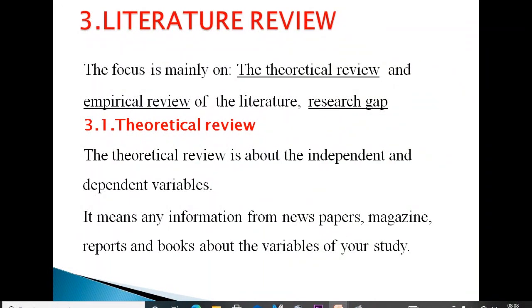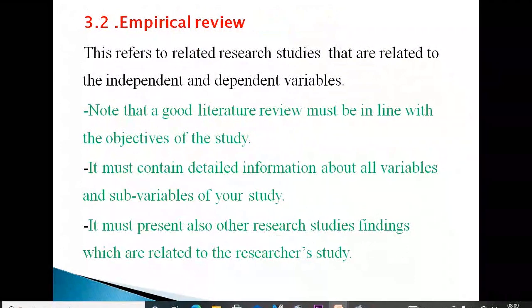In the theoretical review, the researcher makes a theoretical review about the independent and the dependent variables. It means it presents any information from newspapers, magazines, reports, and books about the variables of the study.